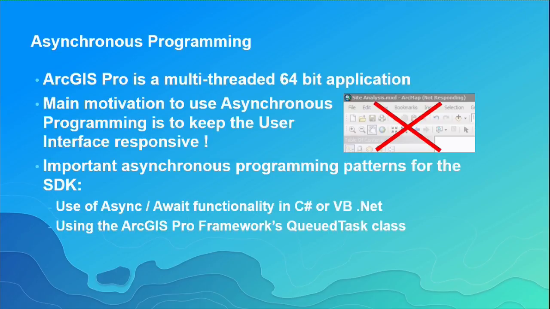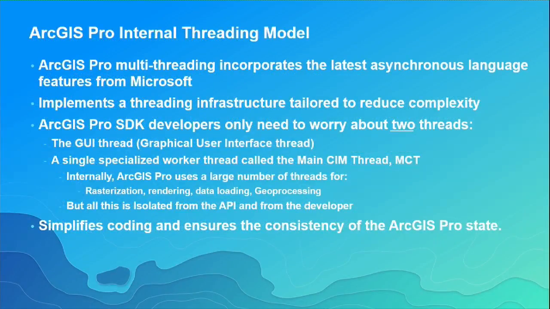So an important asynchronous programming pattern for the SDK, first of all, we have the use of the async and await functionality in C# and VB.NET. And I'm going to talk to that in a little bit of detail coming up. And then using the ArcGIS Pro Framework's QueuedTask class, which is utilizing the ArcGIS Pro multi-threading scheduler. So we're going to talk about that in the coming up slides.